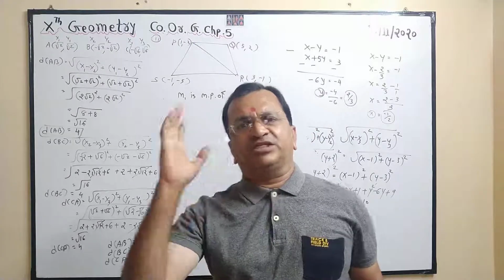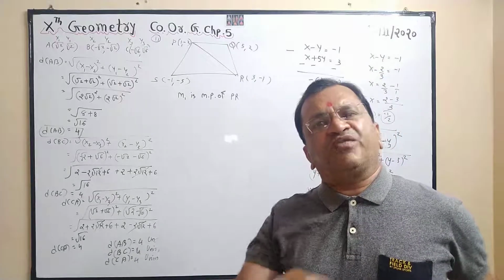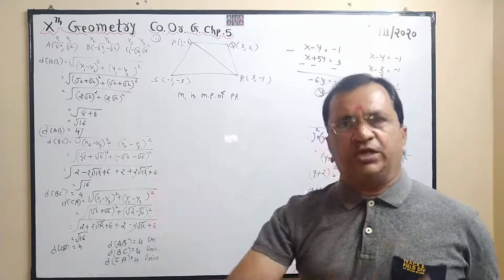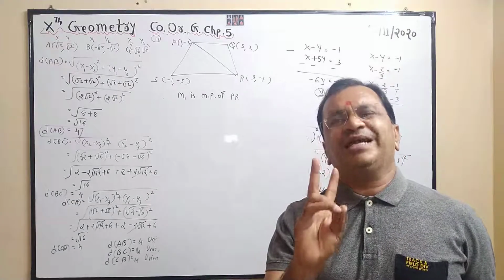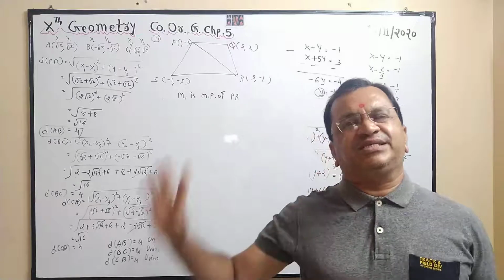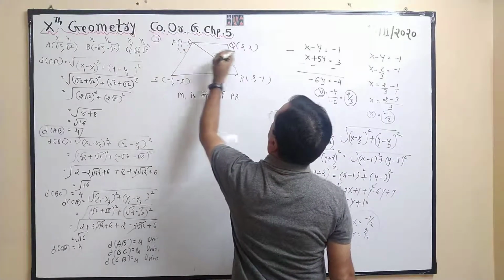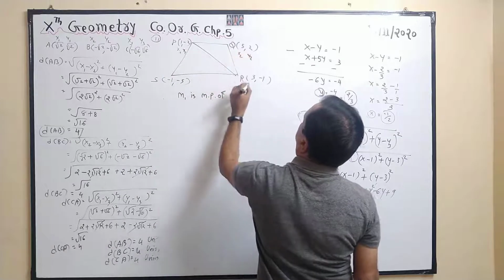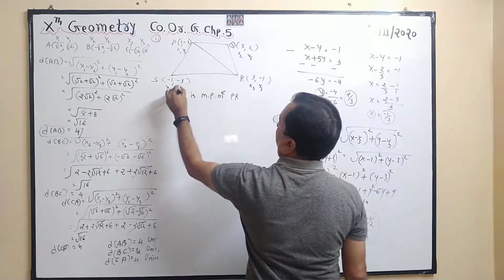If the diagonals are bisectors of each other, 100% it is a parallelogram. So no need to find out 4 times distance. No need to find out 4 times slope. You have to find out only 2 times midpoint, and it is the easiest formula. So this is x1 y1, this is x2 y2, this is x3 y3, x4 y4.